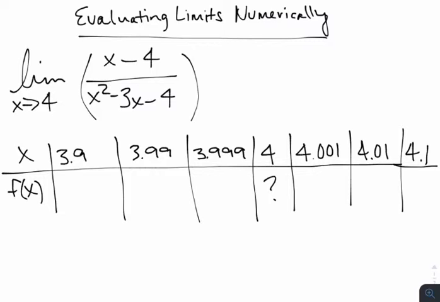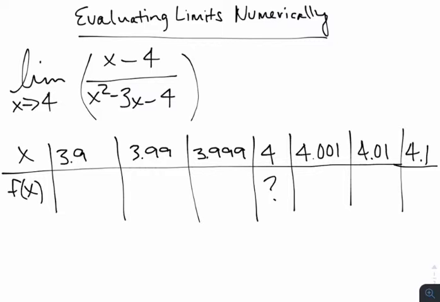I've already created a table of numbers that are going very, very close to 4, but not 4. As you can see, I have 4 as a question mark because we don't know what the limit at 4 actually is. So, let's plug in 3.9 into the equation.